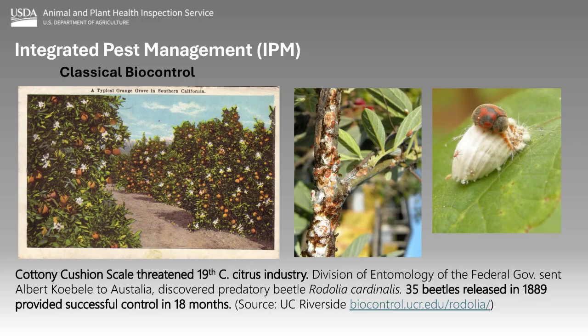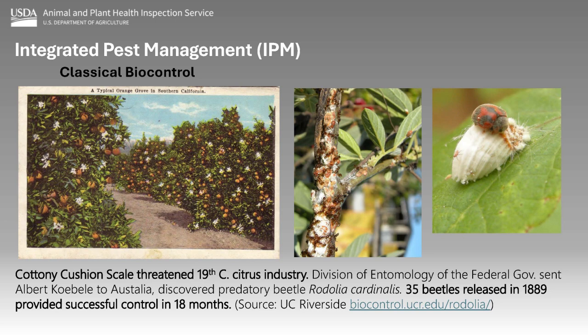The reality is, of course, that conservation biocontrol is much older, but it often goes unnoticed. So anyway, with classical biocontrol, one of the first documented cases of this idea working well was the cottony cushion scale, which threatened the brand new citrus industry in California in the late 19th century.